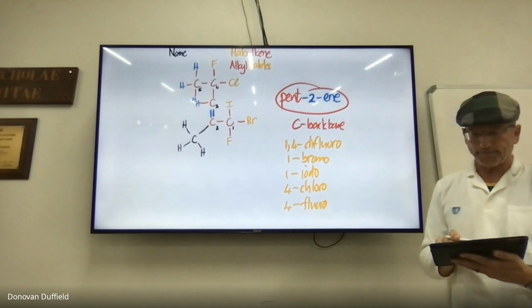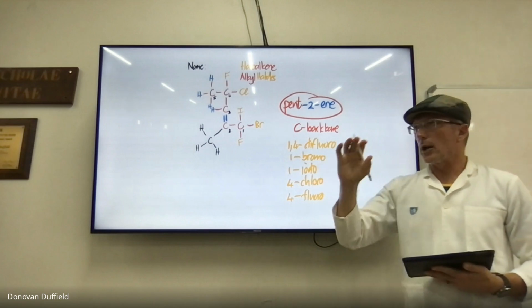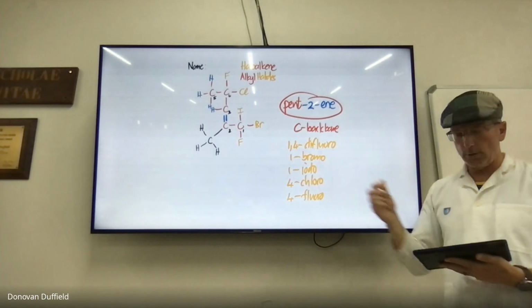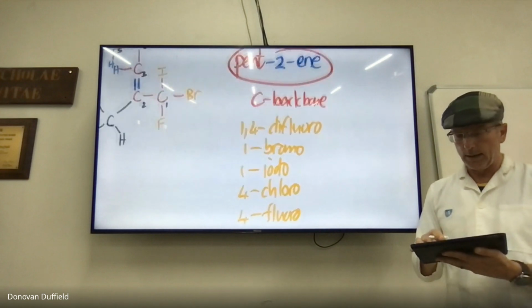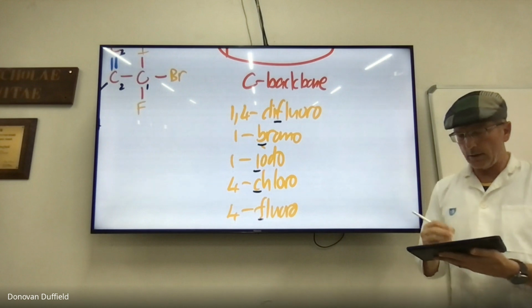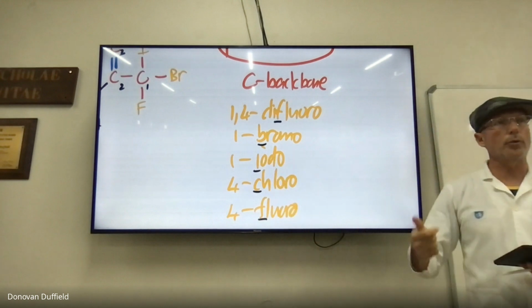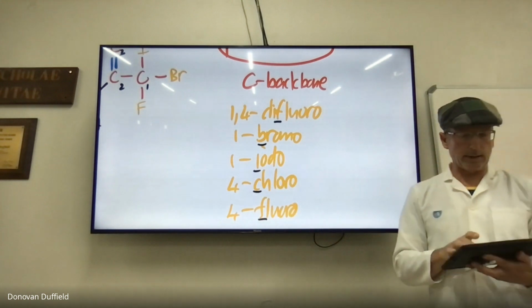Then, when we lay this name out, we are not going to take the di or the tri into account. We're going to put them in alphabetical order based on fluoro, chloro, iodo, bromo. Okay, we're going to get to that.